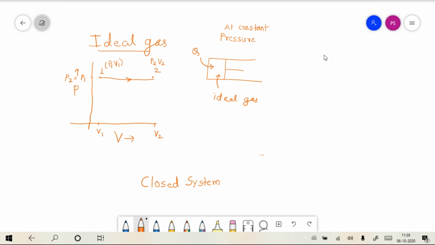My question is, what would happen to the internal energy, and what would happen to work?